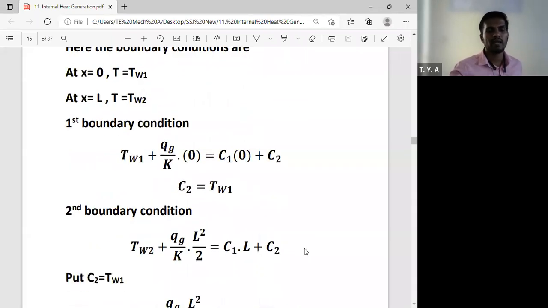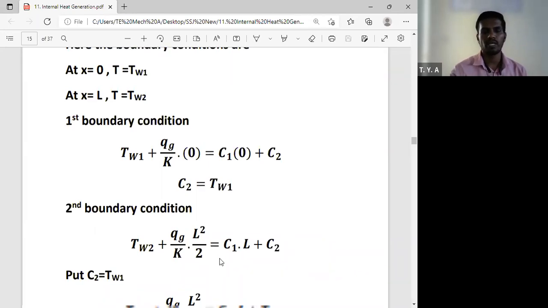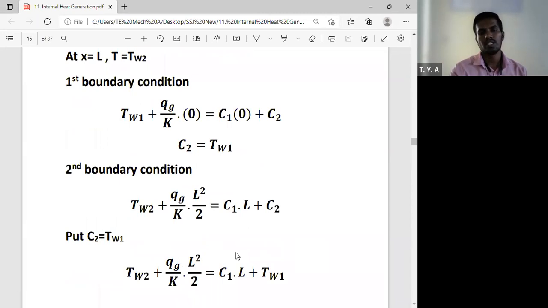Then apply the second boundary condition. Apply करा दोन्ही boundary conditions and find out the values of C1 and C2. What is the value of C1? C2 मिळालेला आपल्याला TW1.